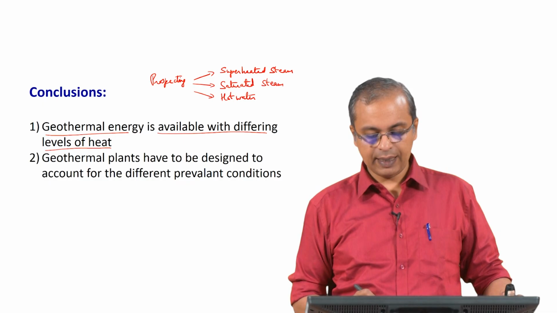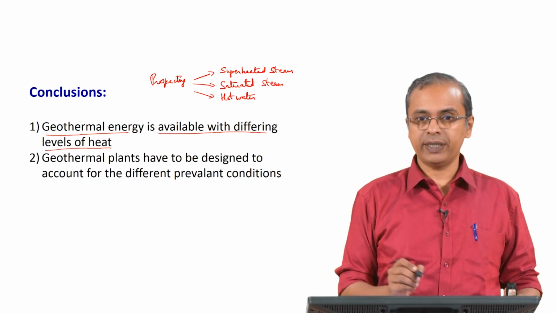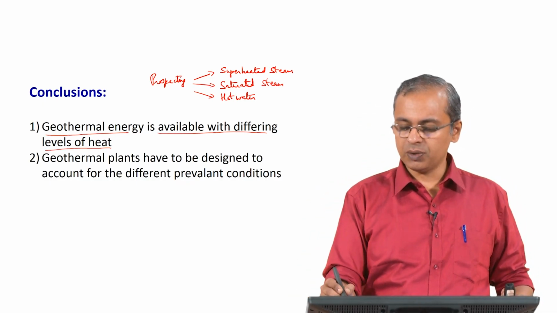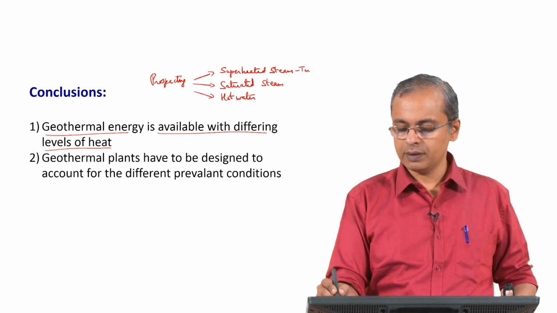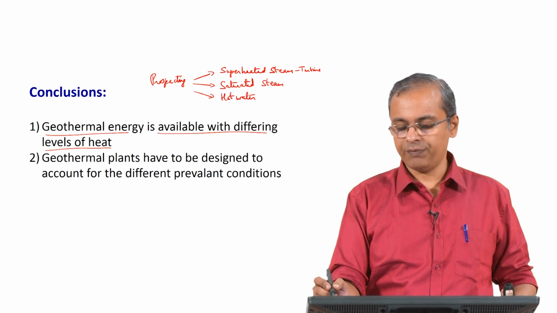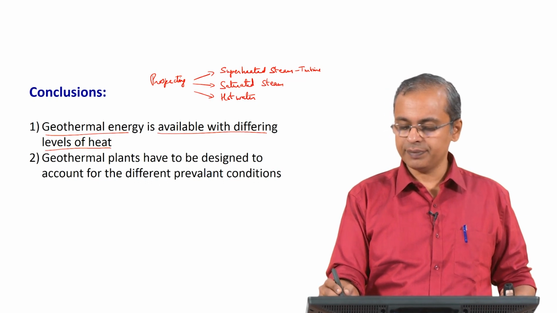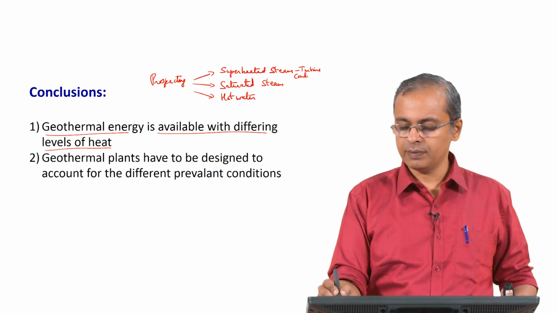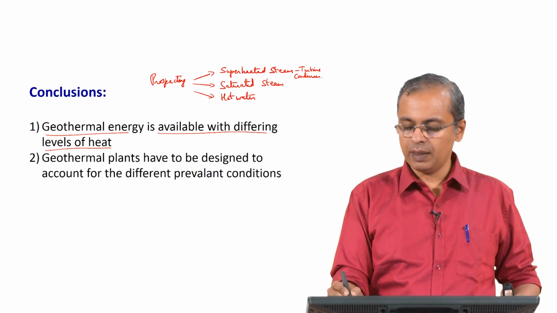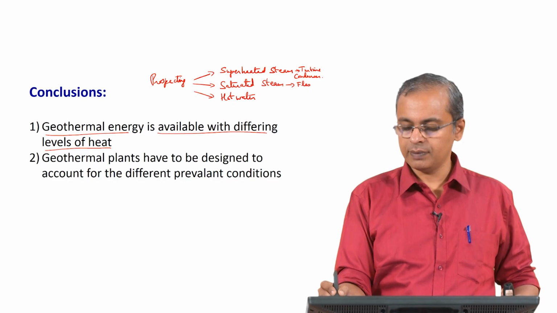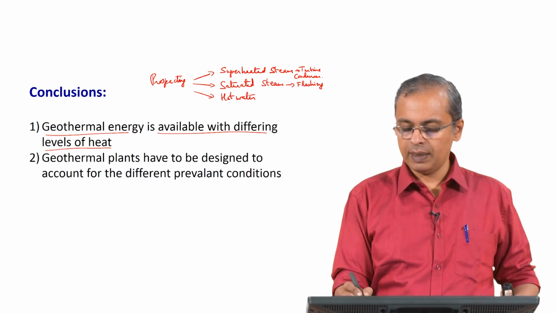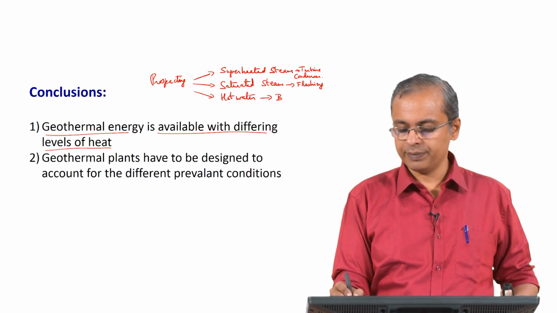And therefore this varies from location to location. You get this, and then based on this you run a turbine with a condenser. You do flashing in this case, and in this case you use a binary fluid.